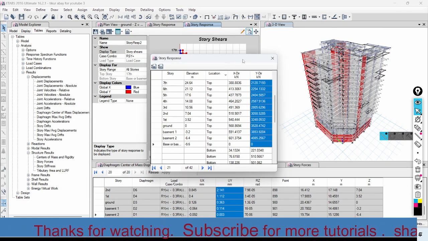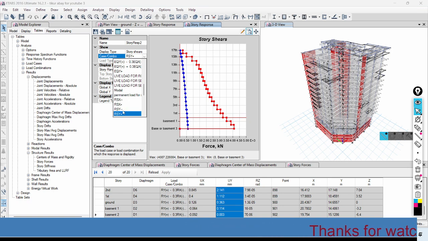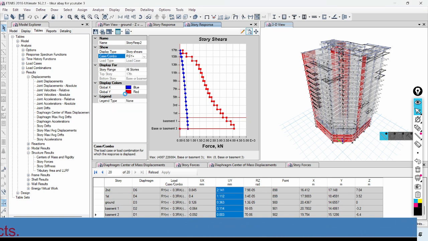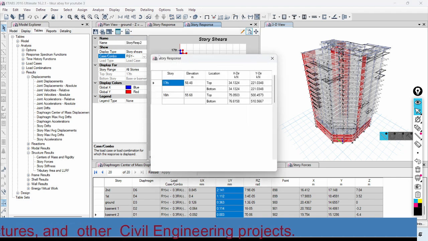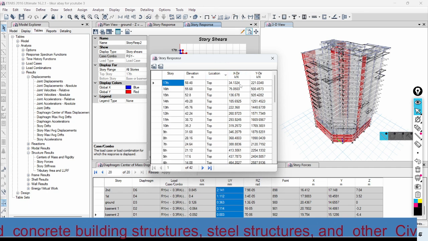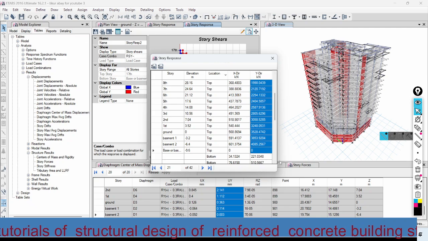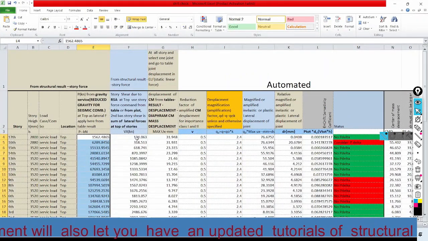Just come to here, negative y direction, this one, and just go to the table, select the top part, then copy this one, and paste here.